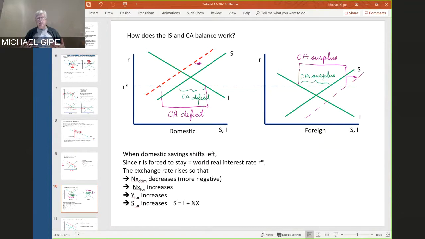Imports exceed exports, and so at the same interest rate, that allows the current account deficit to increase, and in order to balance that out at that same real world interest rate, the foreign economy has to increase its surplus. Their net exports go up, and because of that, they're increasing their output and their savings are going up.